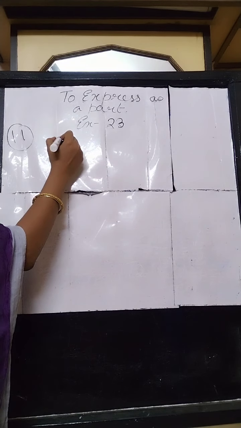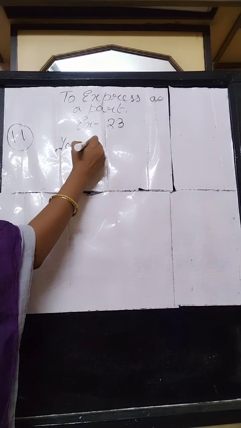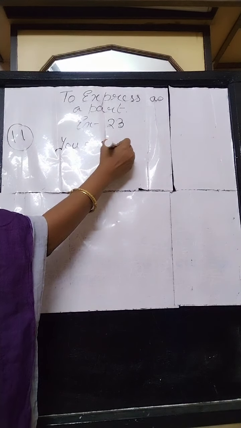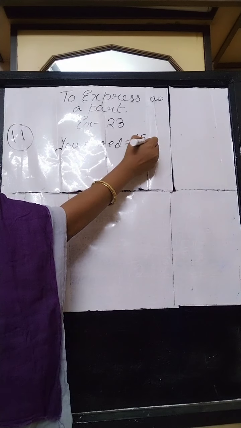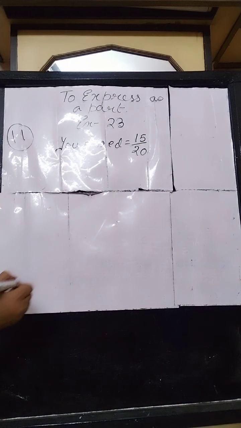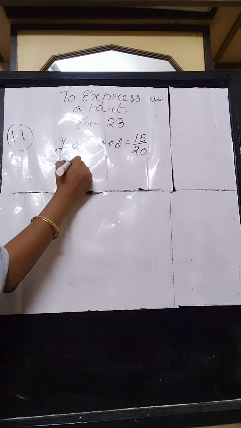In sum number 11 it is given that in a class test in mathematics you scored 15 out of 20 and your brother scored 20 out of 25. In mathematics you scored 15 out of 20 and your brother scored 20 out of 25.